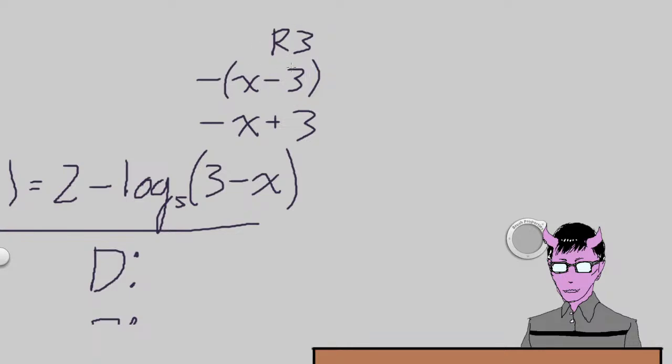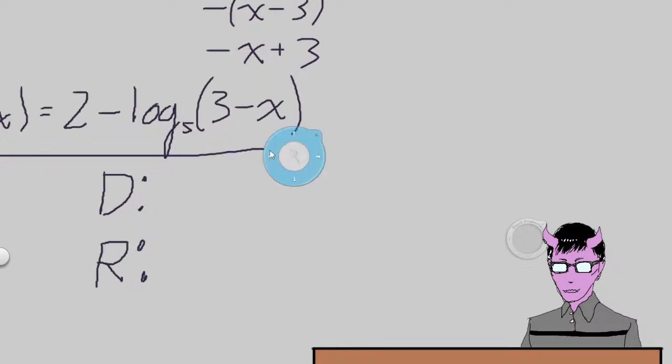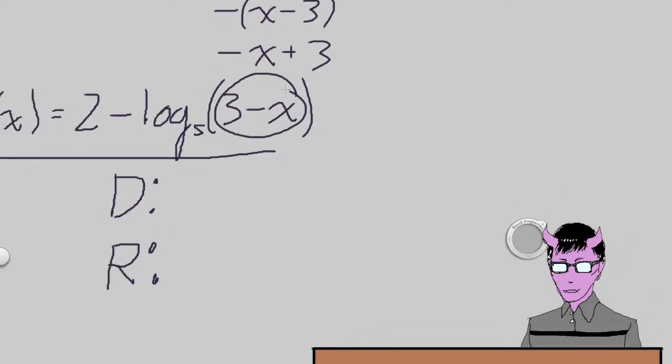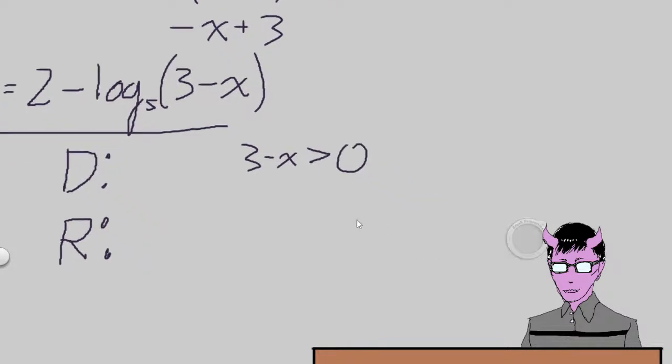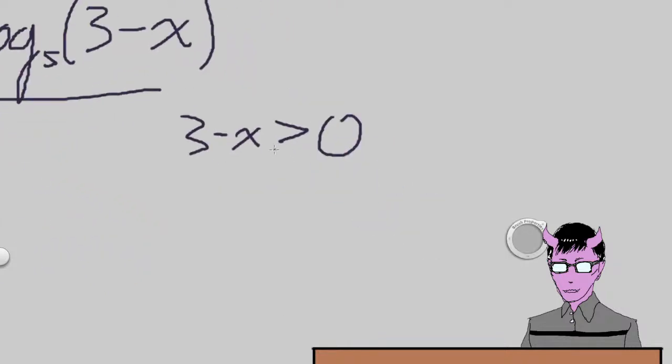This same idea will hold true when you're working with graphing trig functions as well. Technically even parabolas. Okay. So domain restriction, all you have to do is, again, force the inside to be greater than 0. So solving for x, adding x to both sides, x values are less than 3.